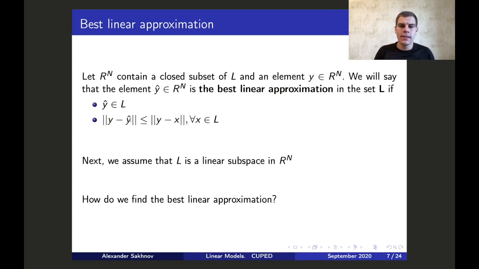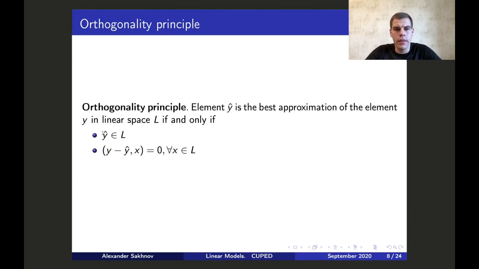It doesn't answer the question, how do we find the best linear approximation? At school, this method is called the Pythagorean Theorem. At university, this method is called the orthogonality principle, and it claims that element y hat is the best linear approximation of the element y in linear space L if and only if two conditions are met.